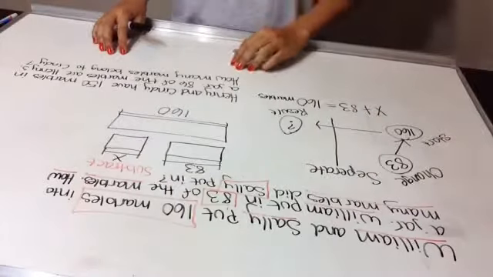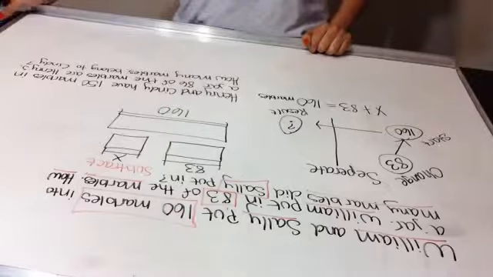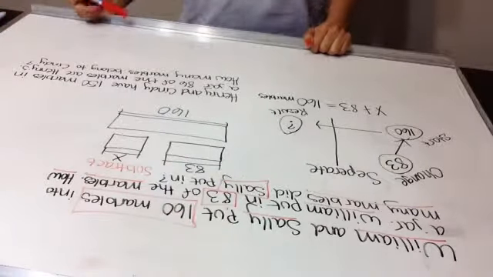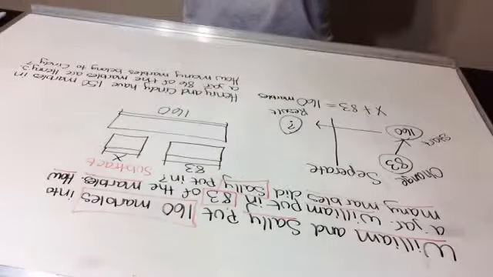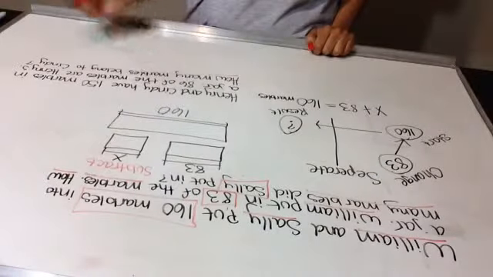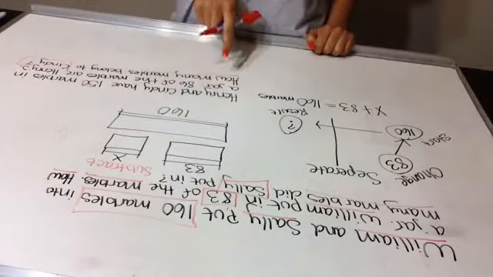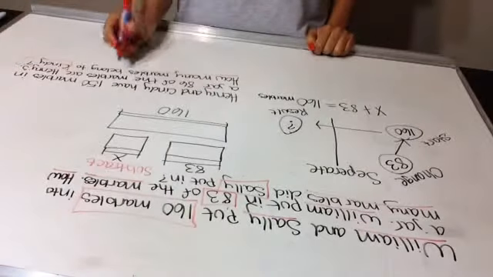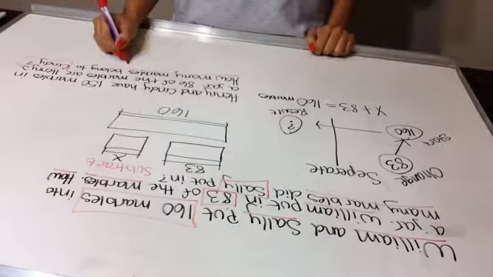Let's look at our second word problem. This one says, Henry and Cindy have 150 marbles in a jar. 86 of the marbles are Henry's. How many marbles belong to Cindy? So we want to know how many marbles belong to Cindy. The words how many marbles tell us that we are going to subtract.